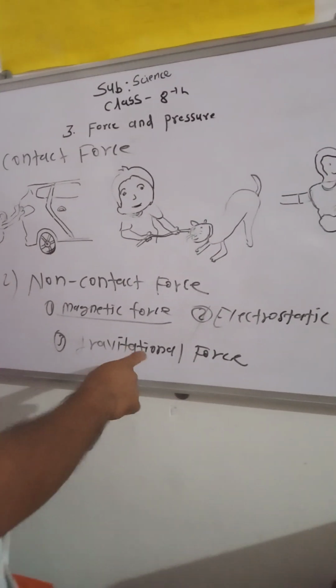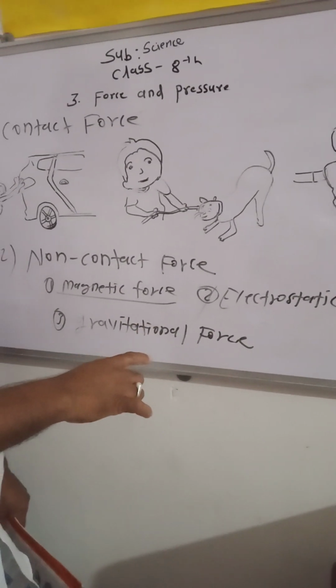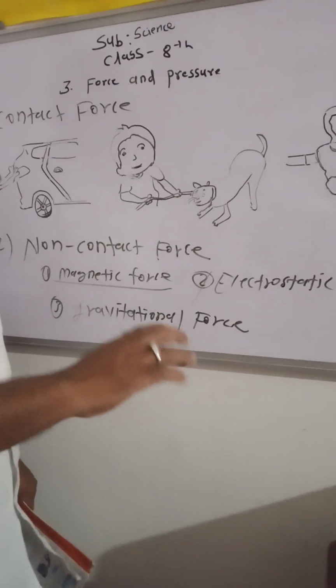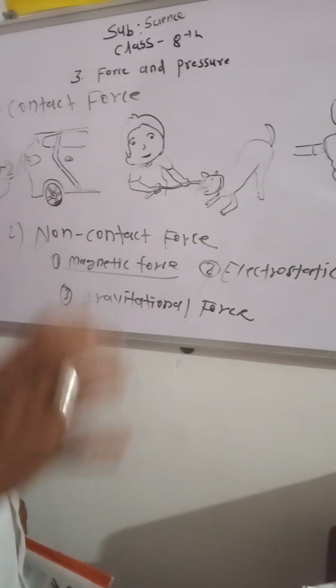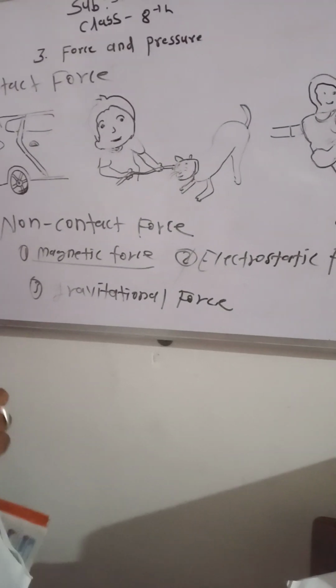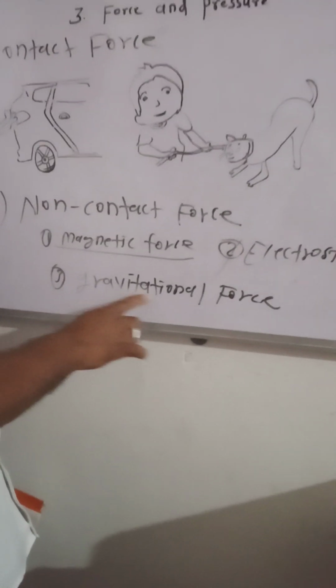In this position also, this force does not act directly on the coconut, but it attracts it towards the earth due to gravitational force.